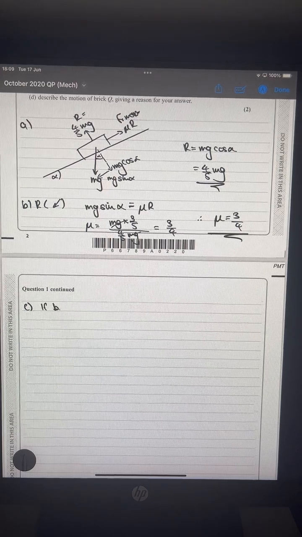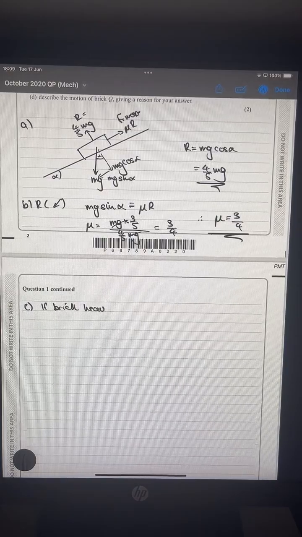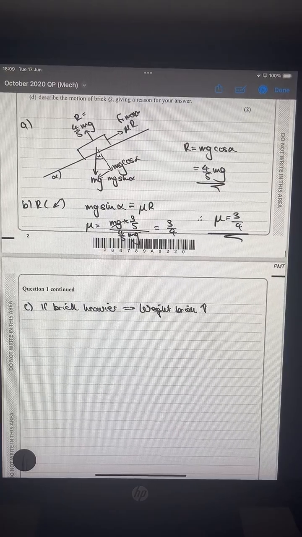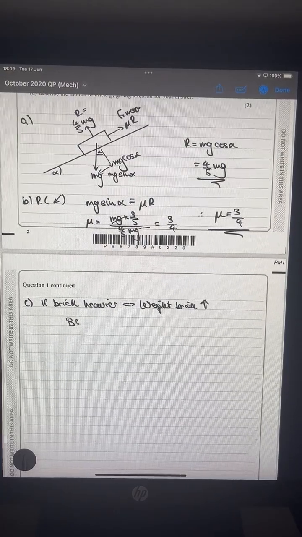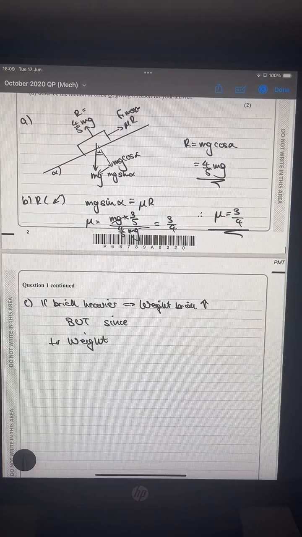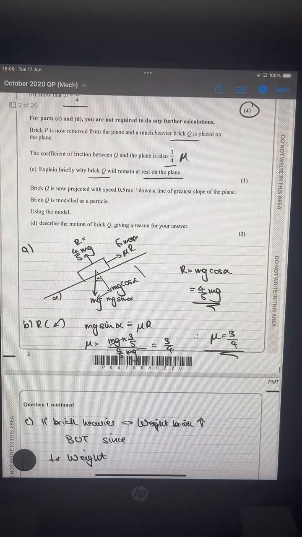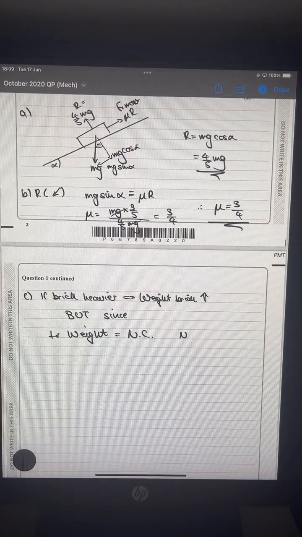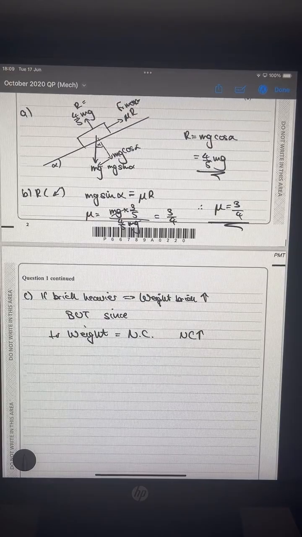So if the brick is heavier, what does this mean? The weight of the brick increases, but since the perpendicular weight from our diagram, this bit here, mg cos alpha, is equal to the normal contact force, which is R in this case, the normal contact force also increases.